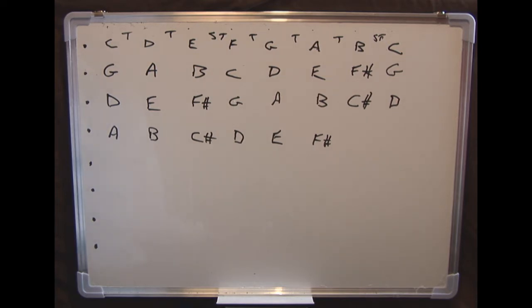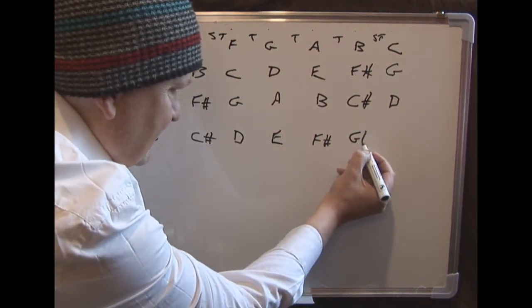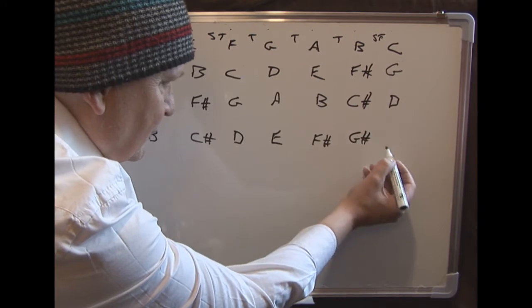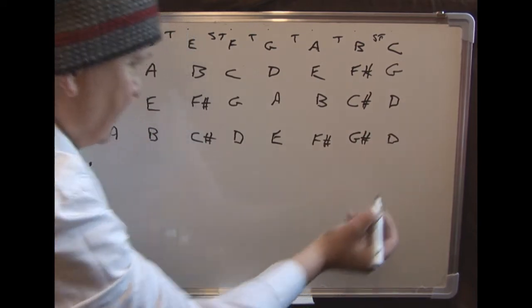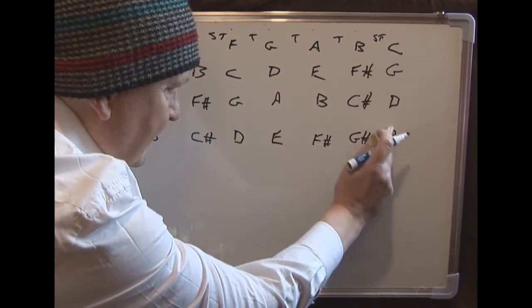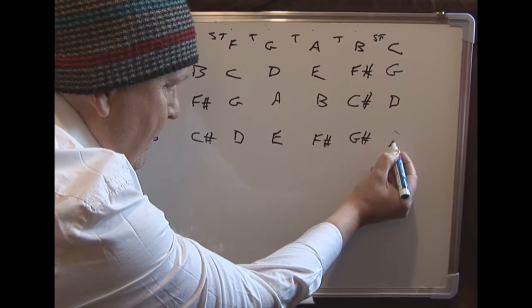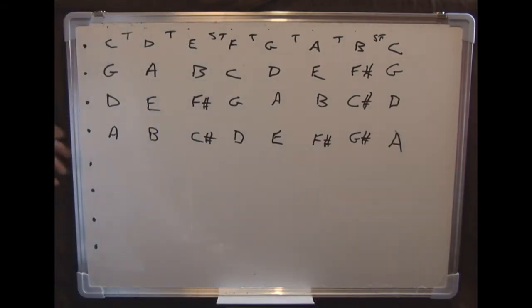We want to go up a tone above F sharp, which will take us to G sharp. If you think retrospectively, F to G is a tone, therefore F sharp to G sharp must also be a tone, and of course a semitone above G sharp takes us to our first note, A.